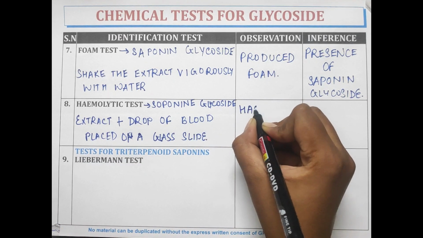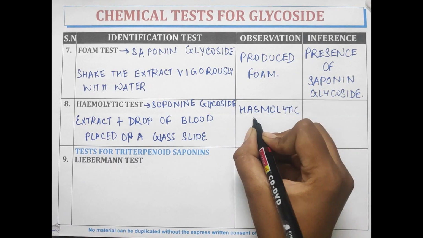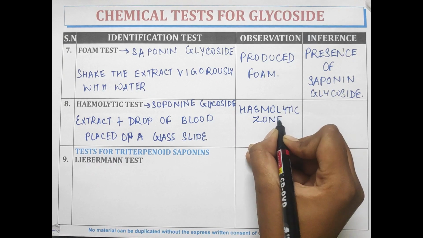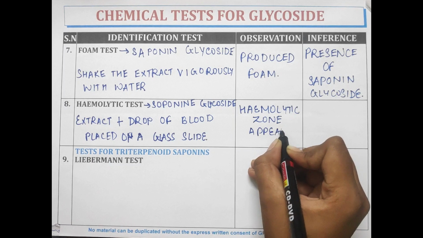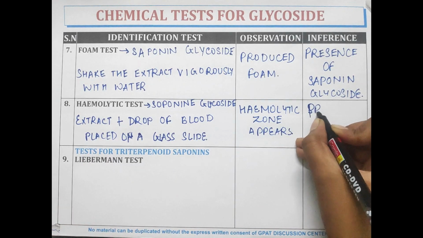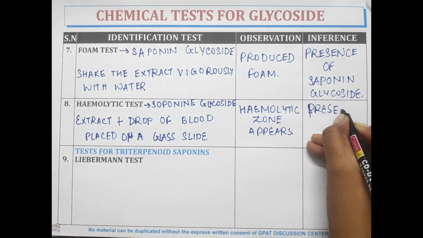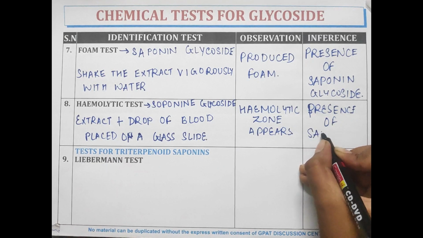Hemolytic zone appears, which indicates the presence of saponin glycosides.